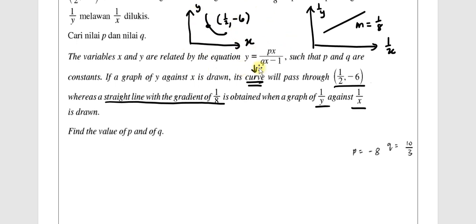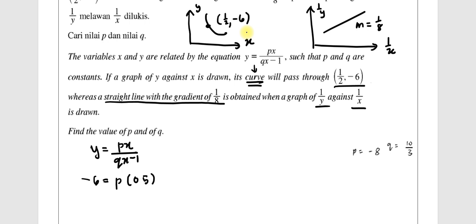So from graph number 1, what can we obtain here? Since the graph passes through 1 over 2 and -6, you can replace the x and y and create an equation from there. So y equals px over qx minus 1. Now replace the y with -6 and x with half, since the curve passes through this point, so it satisfies that point.